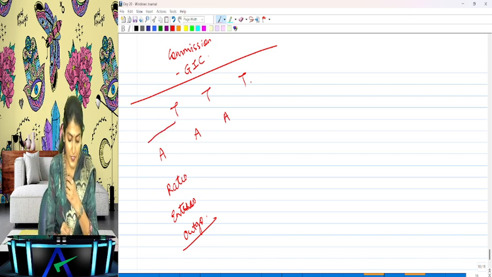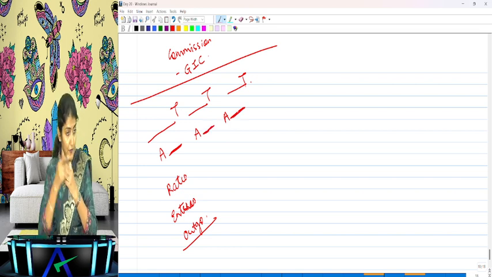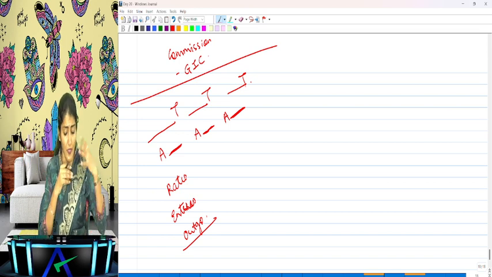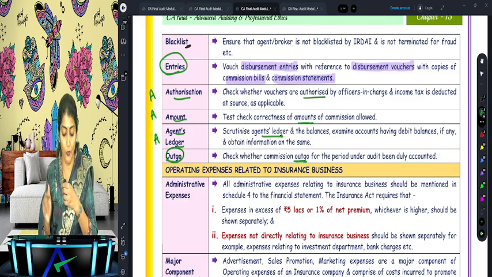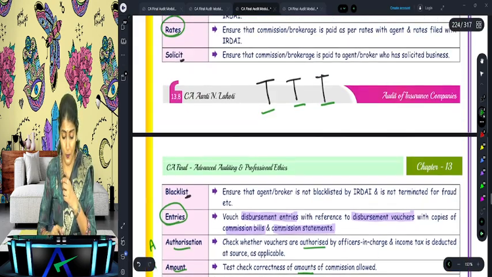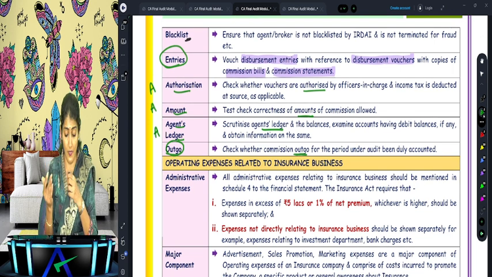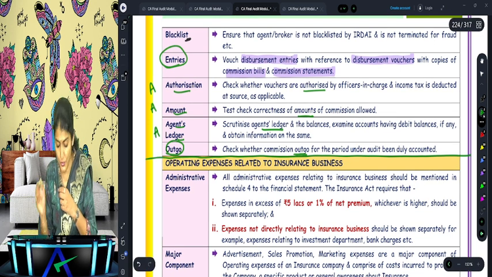So first three you have to remember the last alphabet, and next three you have to remember the first alphabet, and then you have the rates, entries, and the commission outgo for the period. Is it clear to everyone? Again, a question asked 3 times in your exams regarding the verification of the commission paid to the general insurance agent.